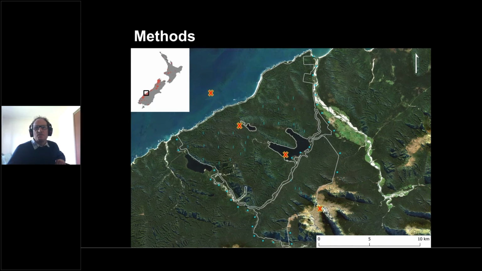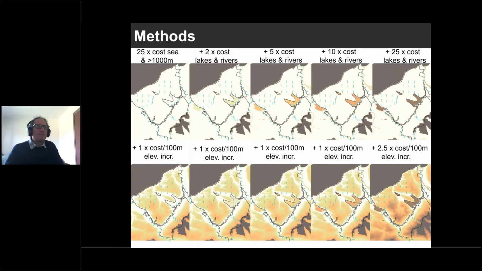And so I had this suite of origin points and treatment boundaries, and then using the rasters I imported into R, created 10 cost surfaces, which were all based off the cost surface in the top left, which penalises sea and areas over 1,000 metres 25-fold. So for every grid square crossed in those areas, you'd suffer a 25-fold penalty.